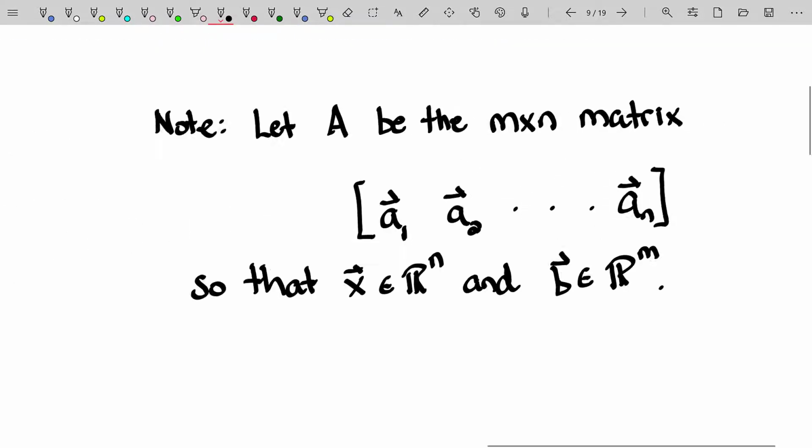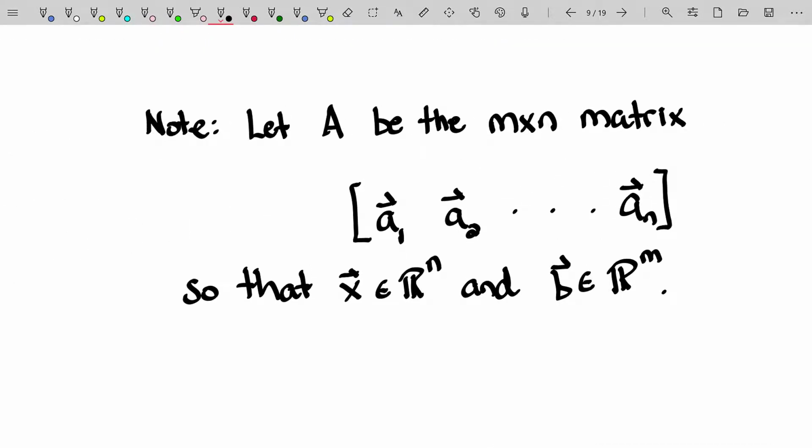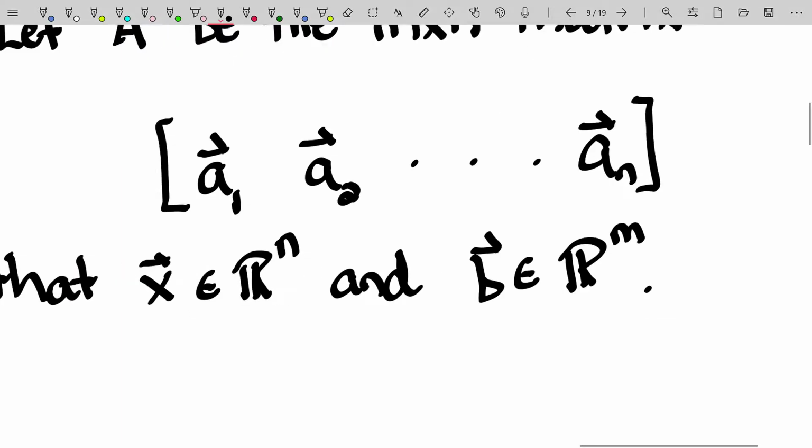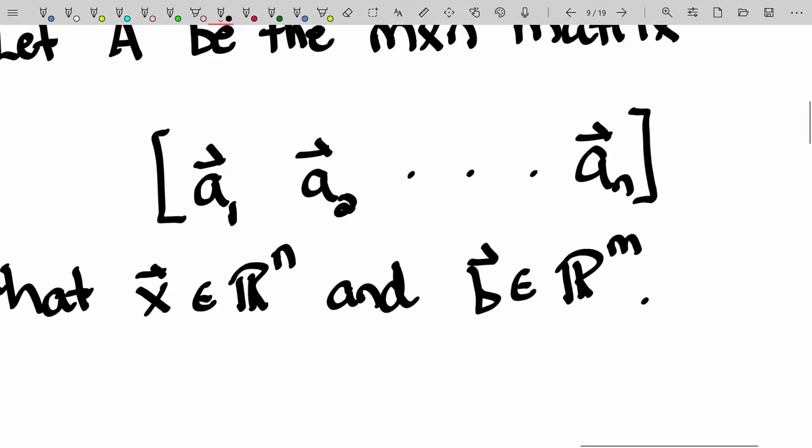In this note, I basically said A is an m by n matrix. In other words, we don't know how many rows or columns there are, but we're going to assume the structure is that we have n columns, so our column vectors are labeled a sub 1, a sub 2, all the way to a sub n.